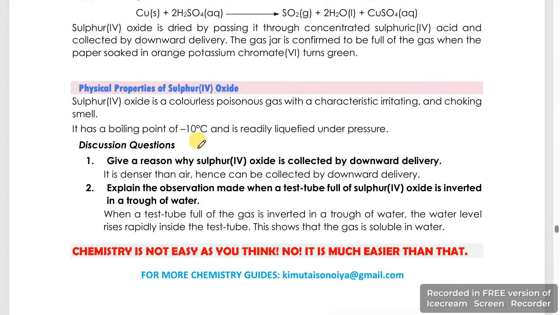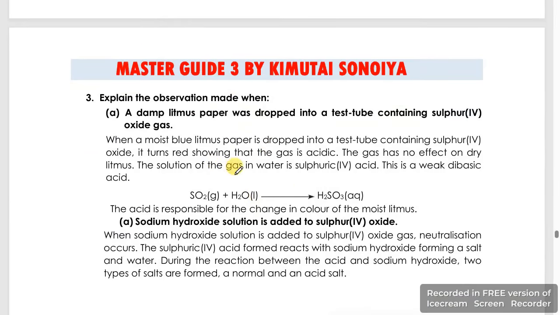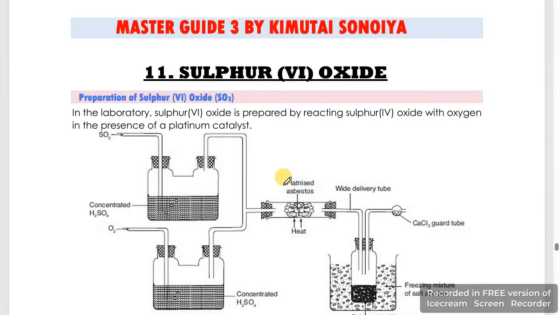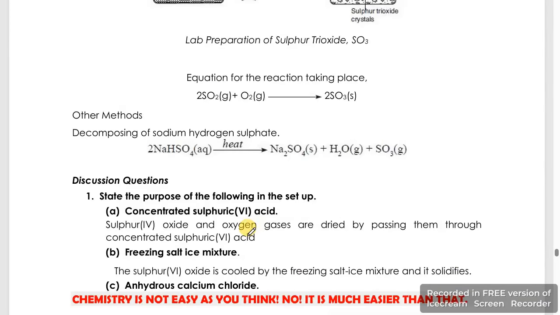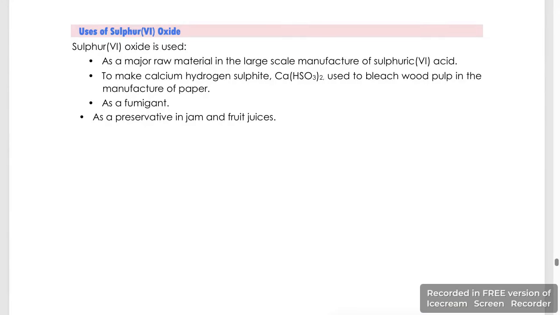So just to go through, that is form 3, the topic is sulfur and its compounds. Go through that gas. The next, like number 11, is sulfur oxide, how it is prepared and some of its properties. Uses of sulfur oxide.